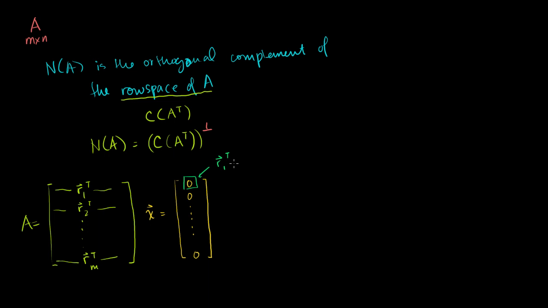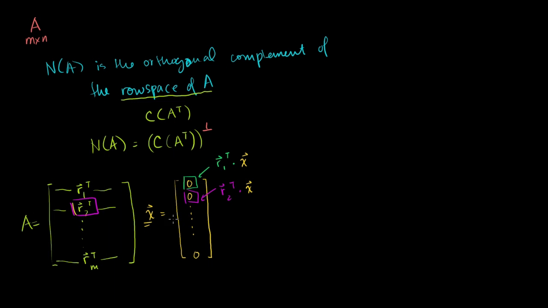But that dot my vector x is going to be equal to that 0. If I take this guy and I dot him with vector x, it's going to be equal to that 0. So R2 transpose dot x is going to be equal to that 0 right there.